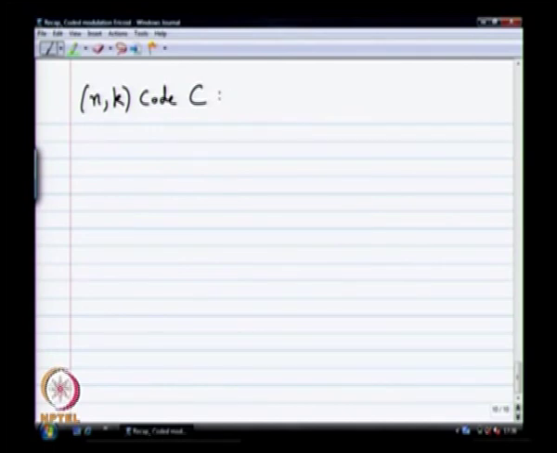One of the properties you can show is the following. If I define C conditional on Ci equals 0 as the set of all code words in C such that Ci is 0, one can show very quickly that this will be a subcode.